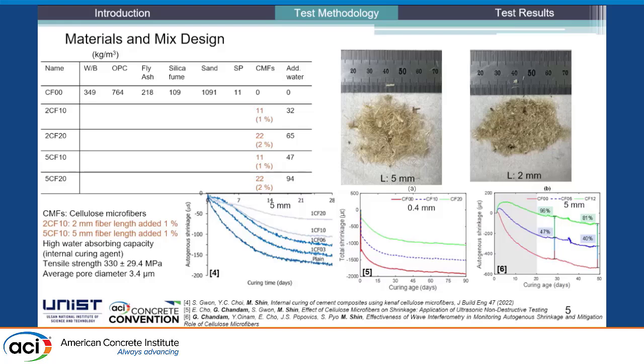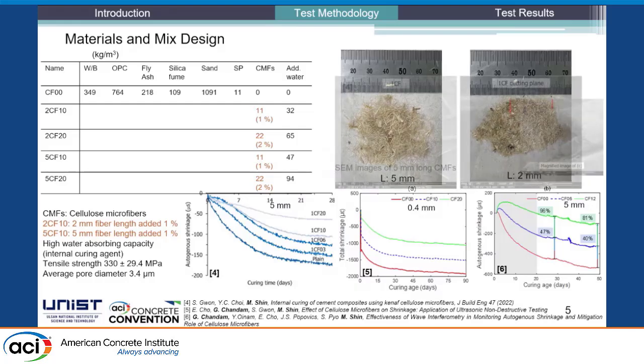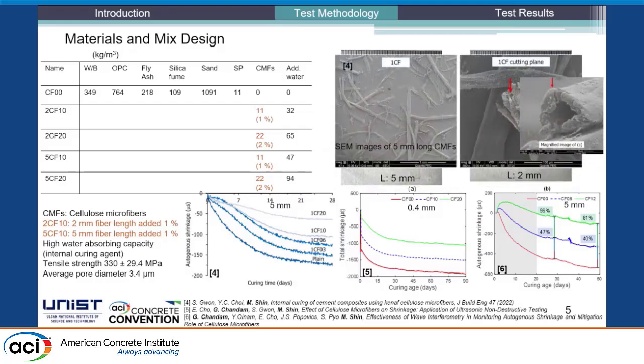So that is why we aim to use this as a variable for our study. The fiber content is varied up to 2% for each length. Moreover, we can see the SEM images for these fibers, and we see there are pores inside the fibers which help with high water absorption capacity and act as an internal curing agent.